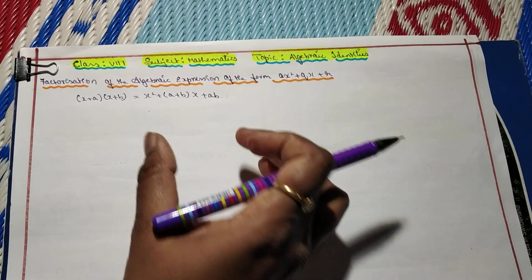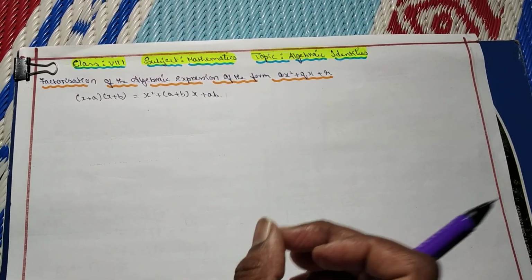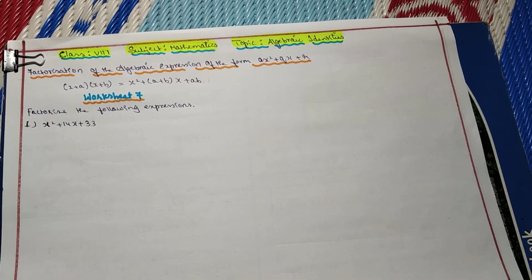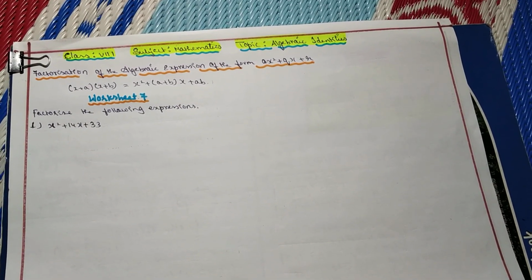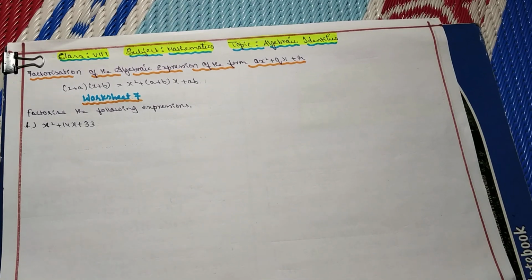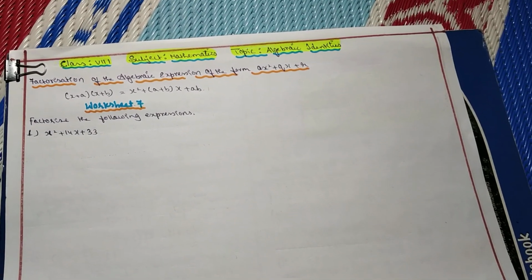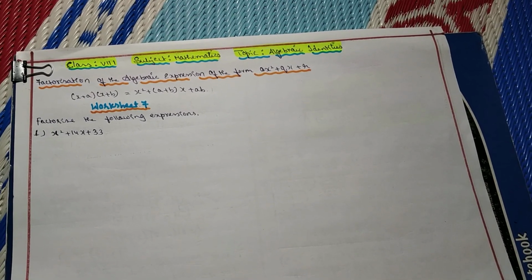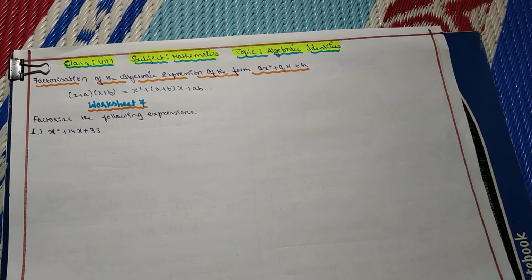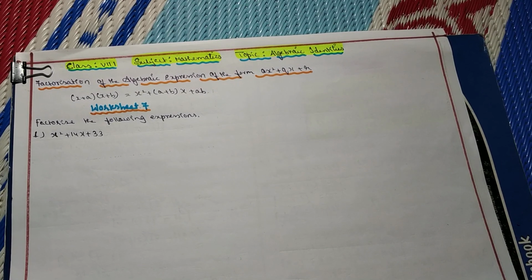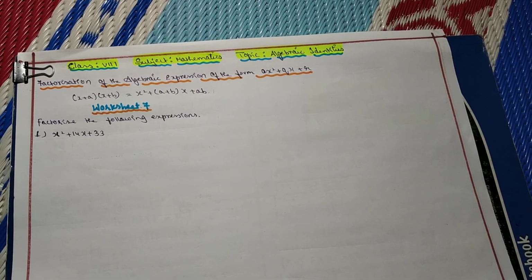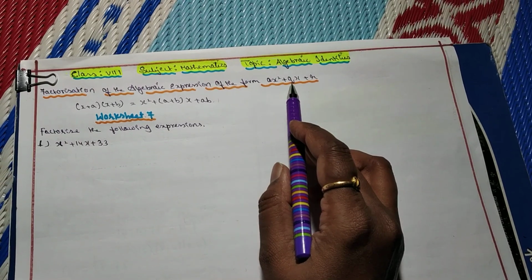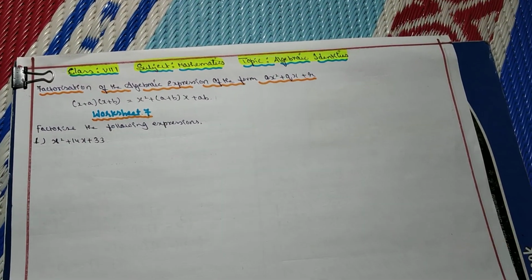So this kind of questions I am going to solve by starting worksheet, children. So worksheet 7, factorize the following expressions. Here again we have to use the factorizing concept. We know the definition: the process of writing a given algebraic expression as a product of two or more factors is called factorization, but the expression will be in this form, ax square plus qx plus r.